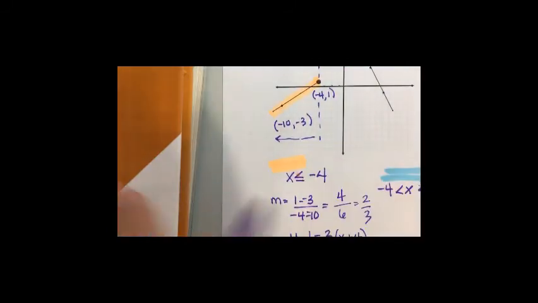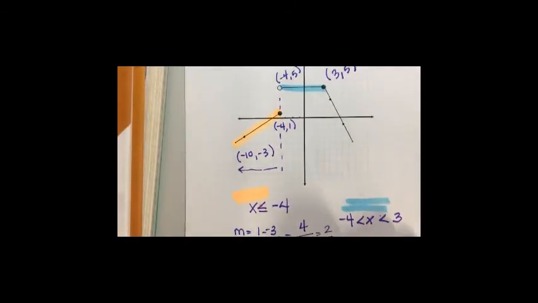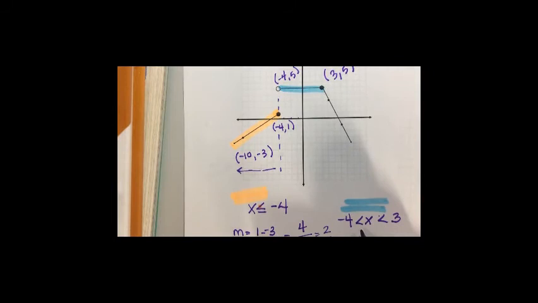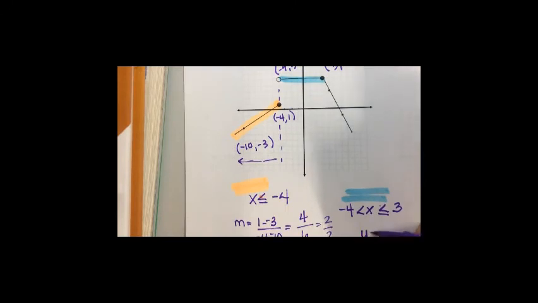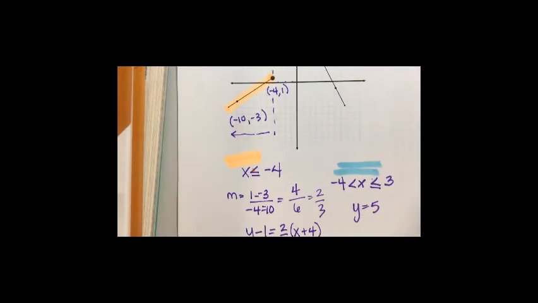Oops, you guys couldn't see that. Between -4 and 3. But on this side, it's an open circle, so it just has to be less than. On this side, it's a closed circle, so I need the less than or equal to part of it. Now I can write my equation. This one should be easy because y always equals 5.